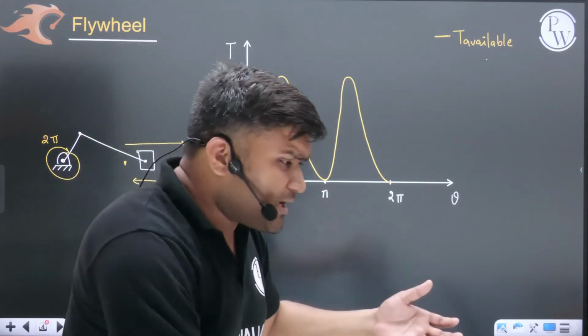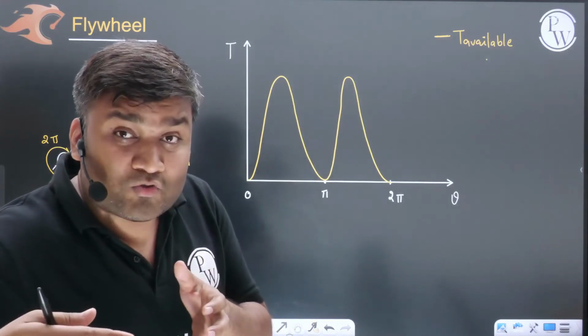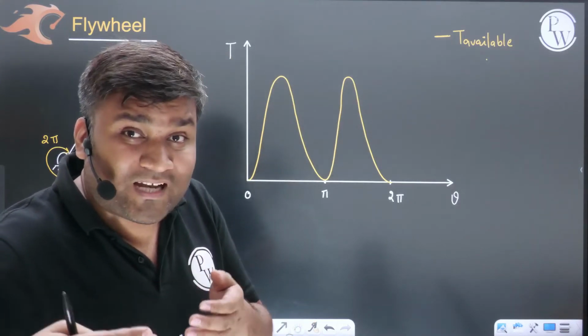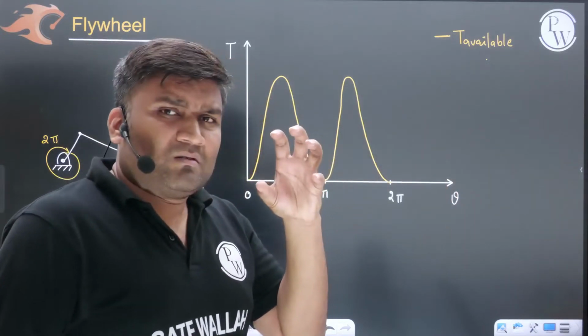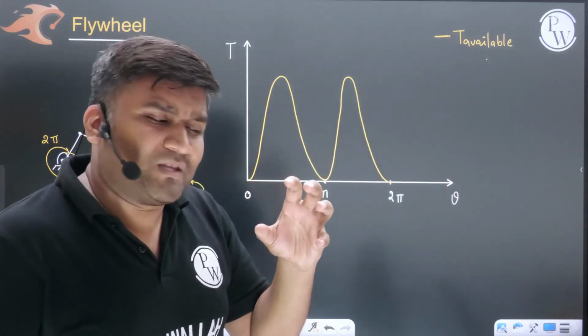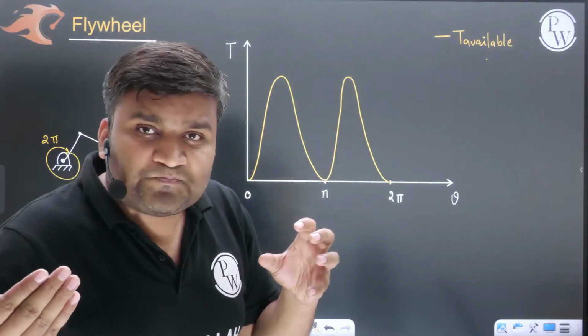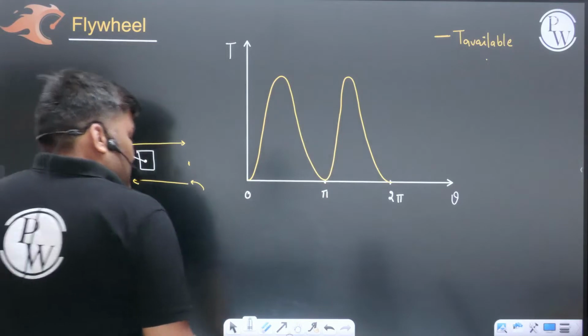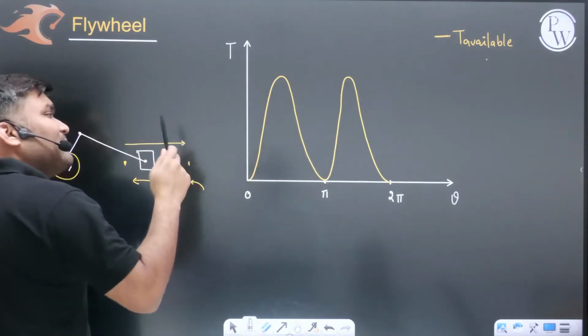In day-to-day life, generators are connected to a dynamo so that electricity can be produced for your household's requirement. So whatever prime mover you are talking about, whether engine or motor, it is going to be connected to some load. Generally, that load is going to be constant.